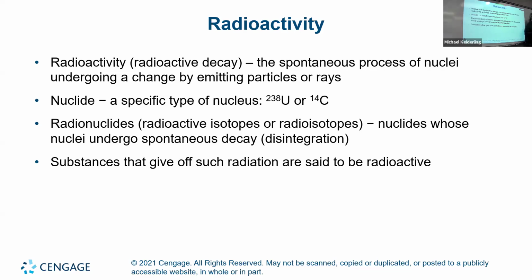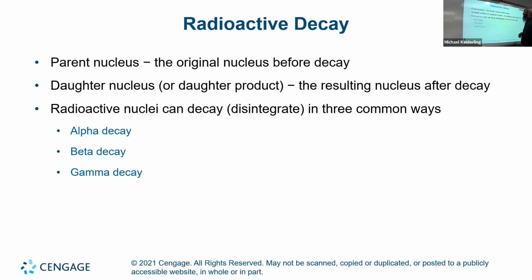And substances that give off such radiation are said to be radioactive. So when we talk about radioactive decay, there is a parent nucleus, what you started with, and a daughter nucleus or daughter product, what you end up with after the decay.